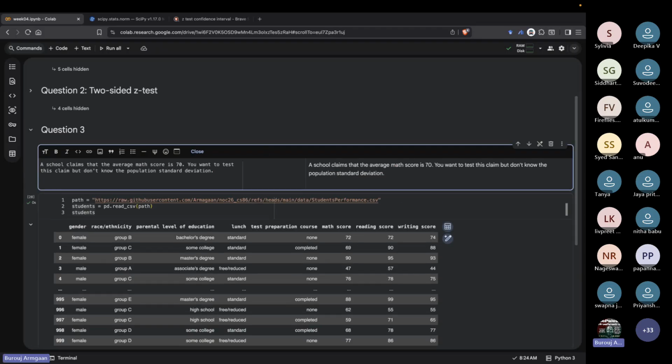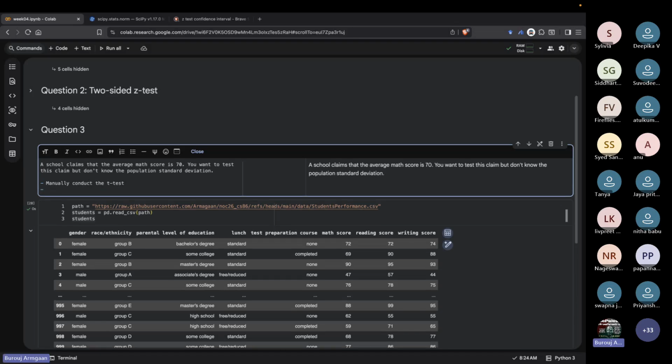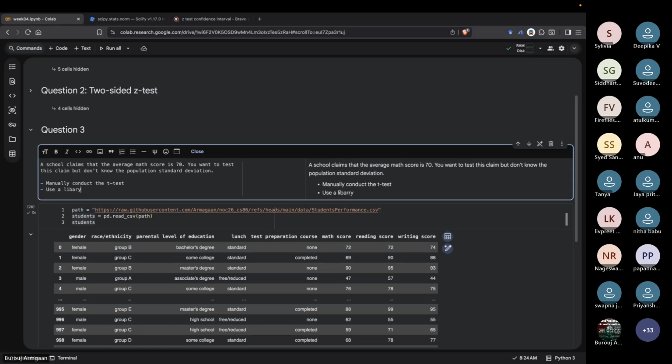So you have to do it in two parts. Manually calculate the t-score. You can say manually conduct the t-test, and then we will use the library. Use a library to conduct the t-test.